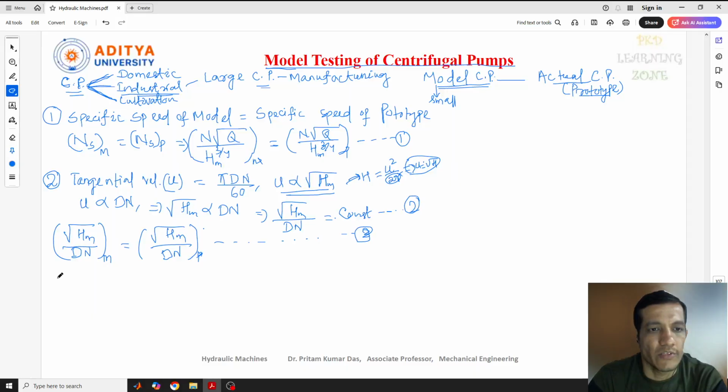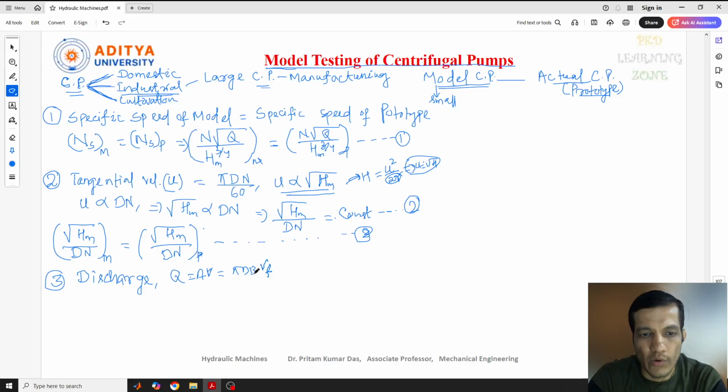This is the second one, and the third equation we can write in terms of discharge. What is the discharge from a pump? This is also important. We have seen that the discharge q equals A into V, and the area is pi d b, so q equals pi d b into vf.